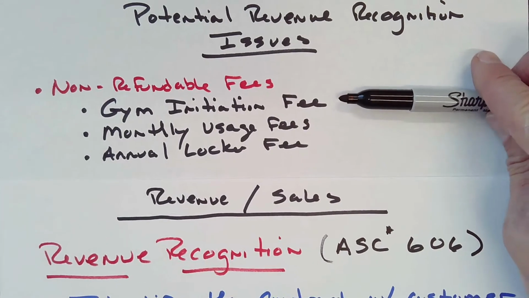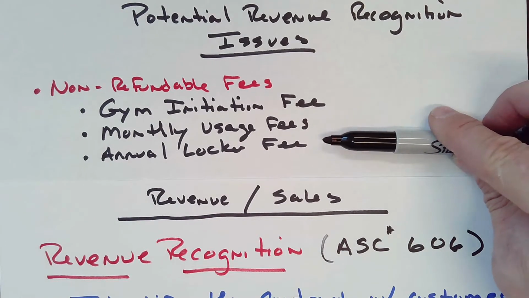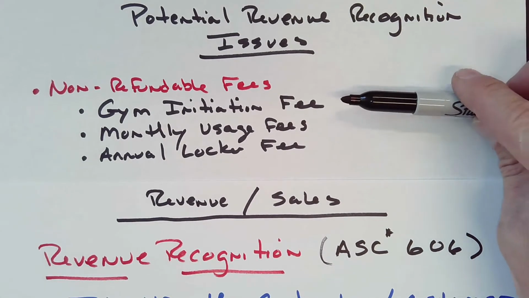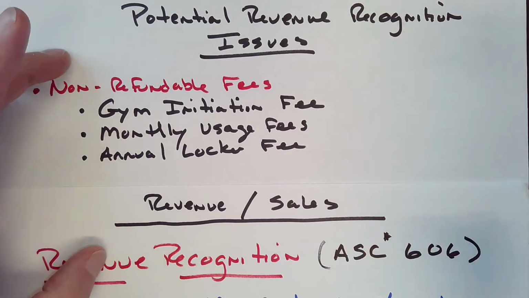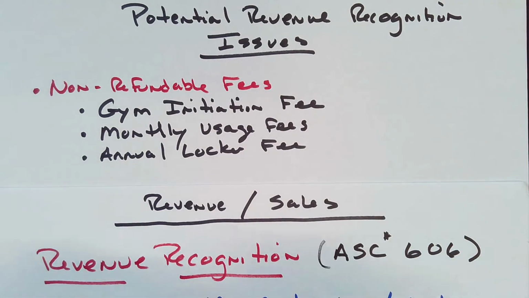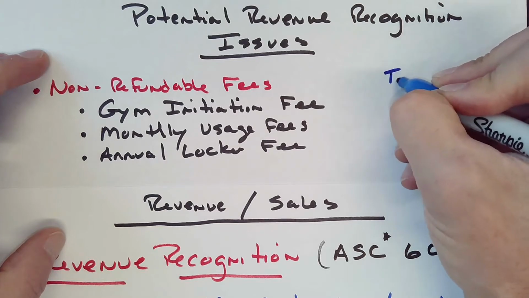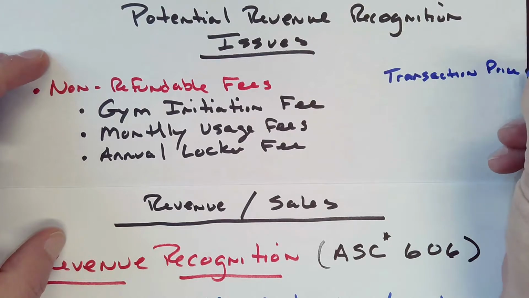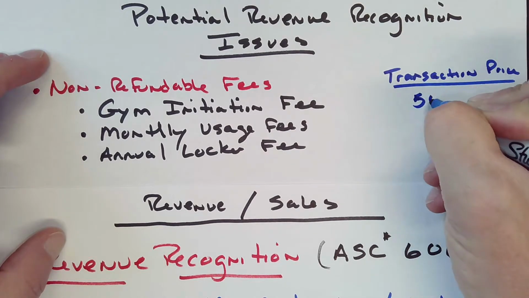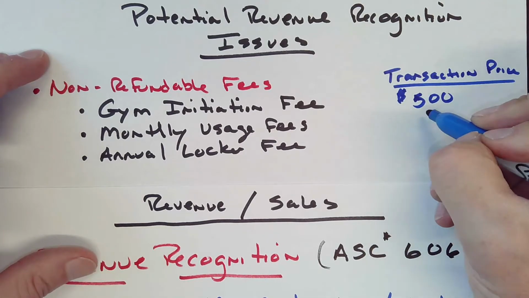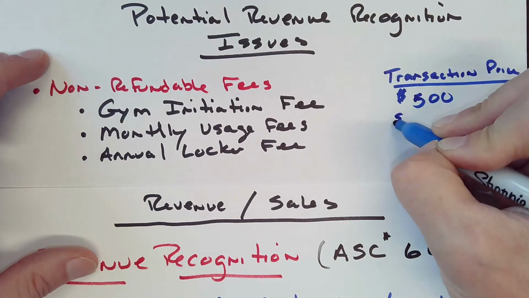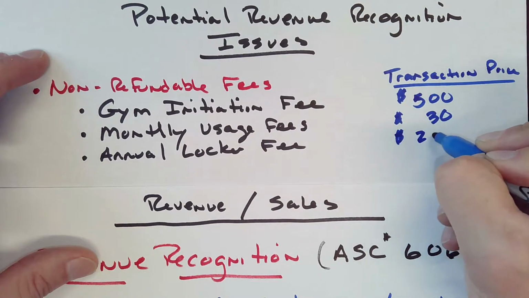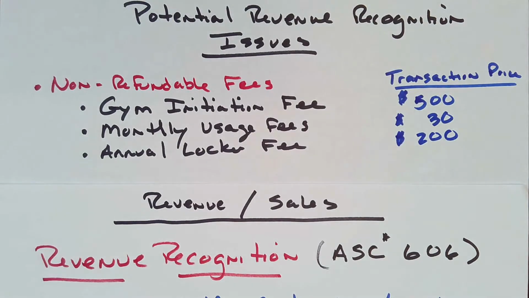We determine a transaction price. Well, the monthly fee is the monthly fee. Each one is identified, right? So it's not just one fee. We can say the initiation fee was, say, $500. The monthly fees were $30. And the locker fee was $200, that's per year.